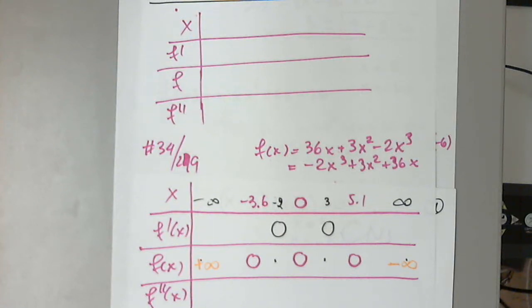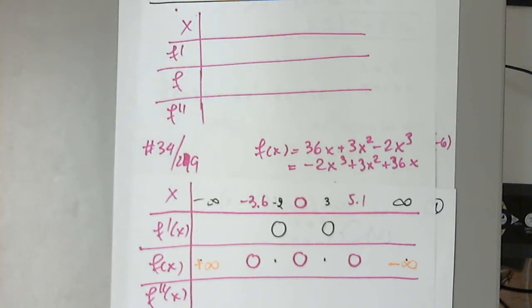So back to y equals, and I plug in negative 2: x cubed, and then plus 3x squared, and then plus 36x.